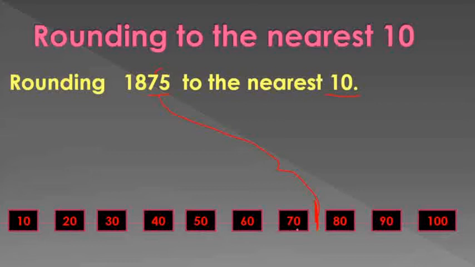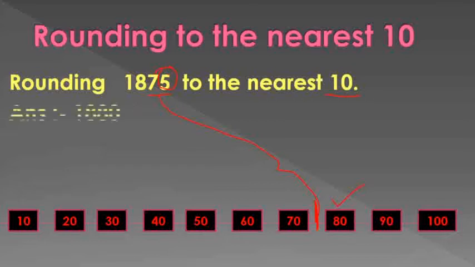So how to decide whether to round up or round down? We just observe the digit written at the unit place. The unit place is 5. So we will round up this number, and this 75 will become 80.